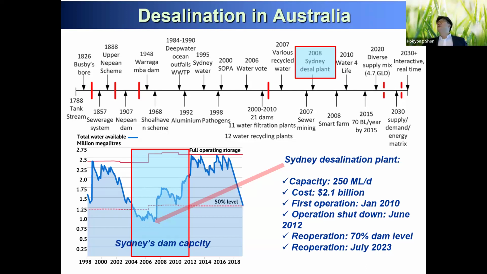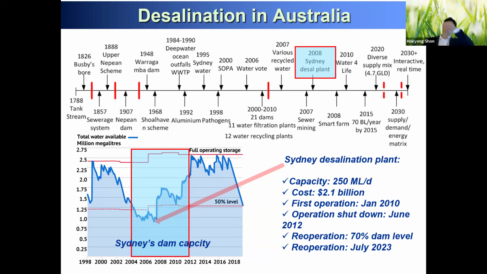So you know that we have a problem with property because so many people come to Sydney, and they also stay alone rather than stay together, many people in one property. So you need more water and then more people to support. Now, okay, we decided let's fully operate this desalination plant from last year, July.